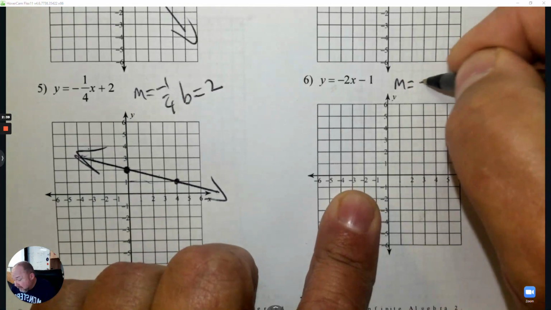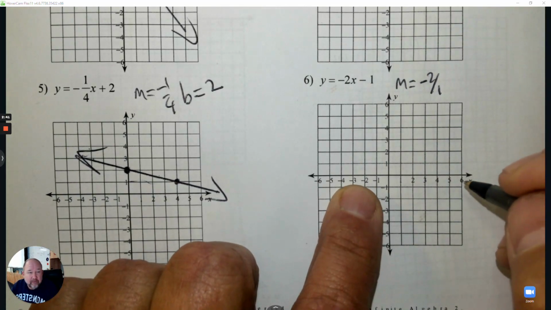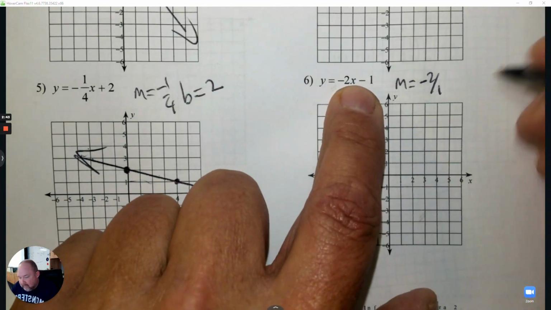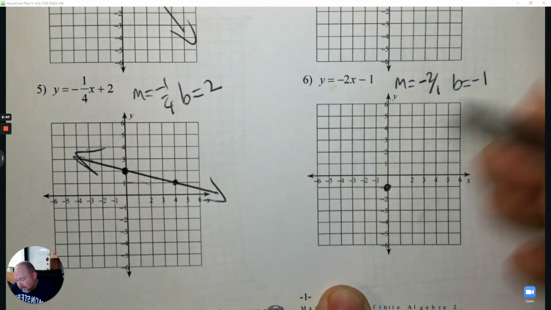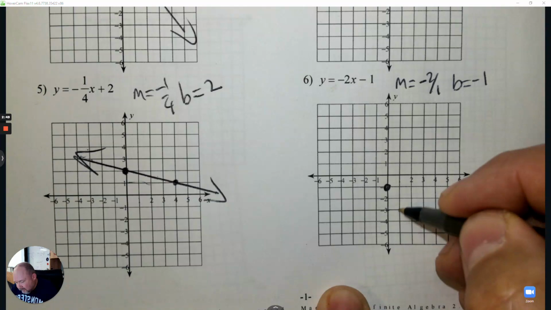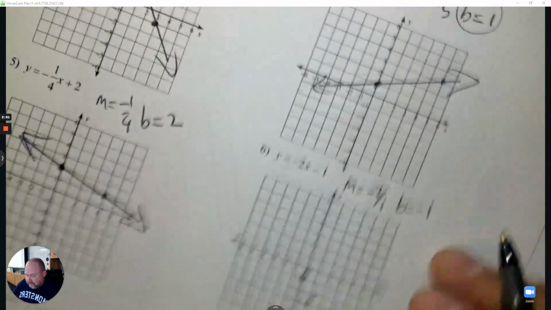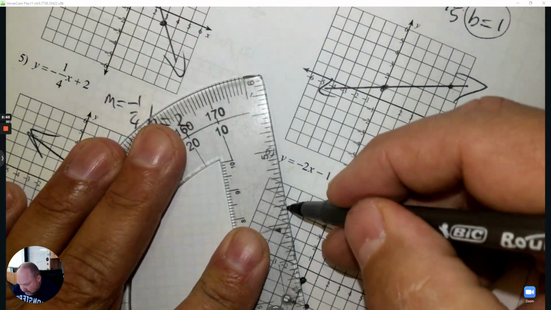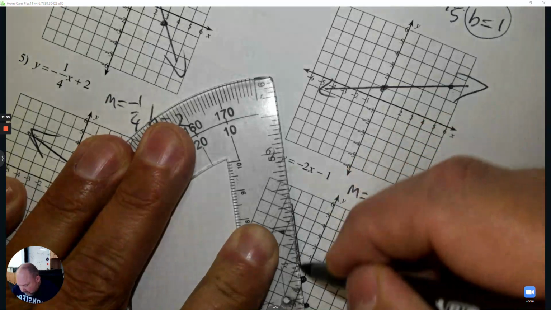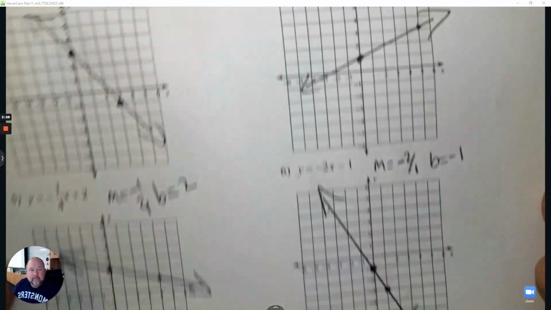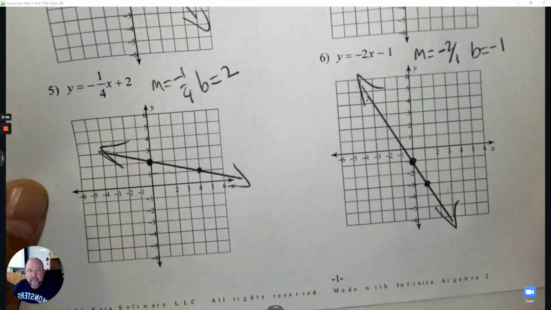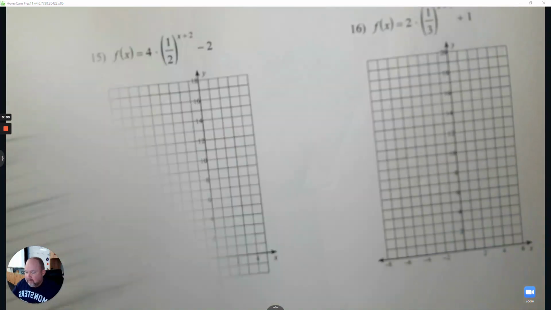Now, if I don't have a fraction, the number on the bottom you don't see is 1, and the y-intercept is -1. And then we go down 2 and to the right 1, and draw a line. All right, next page.